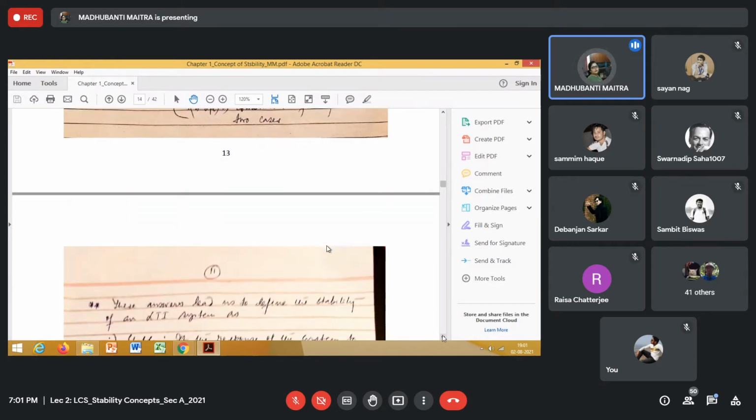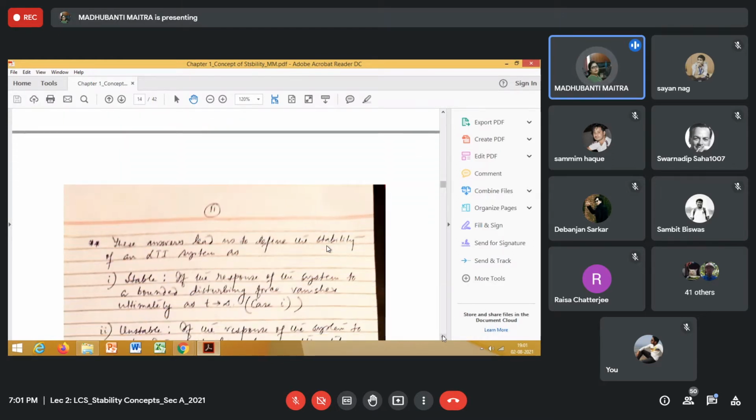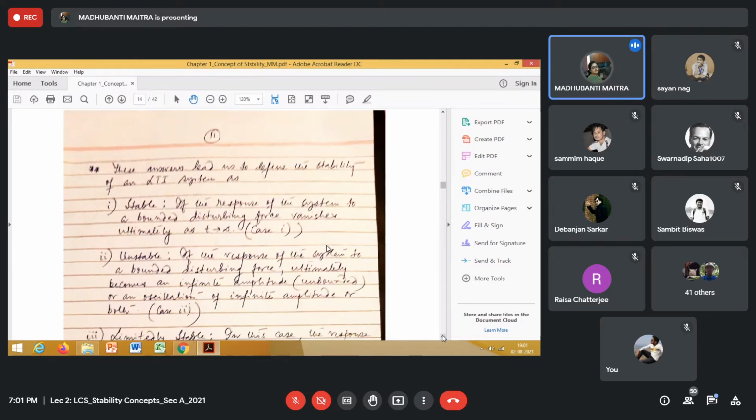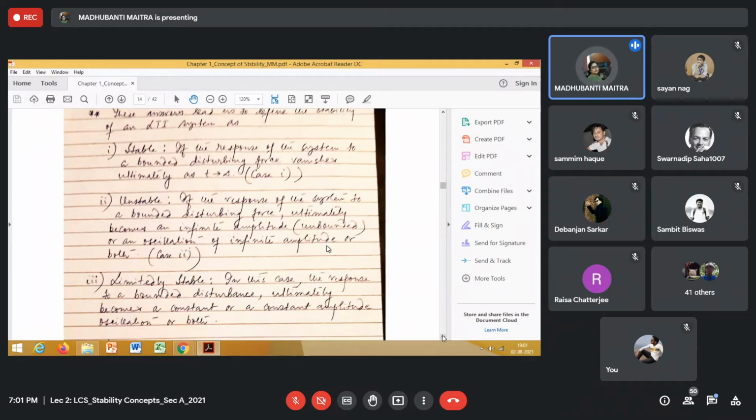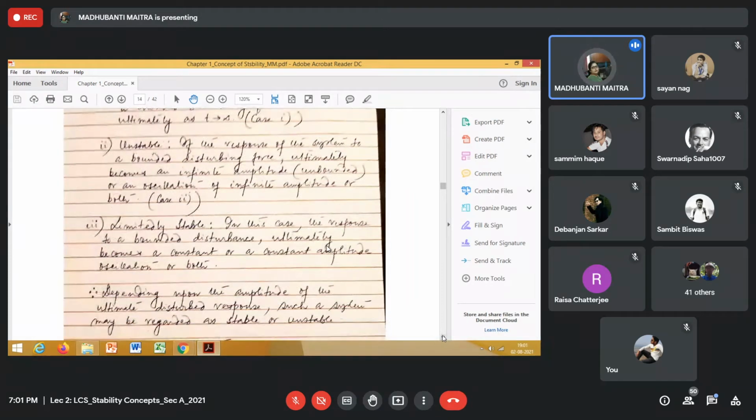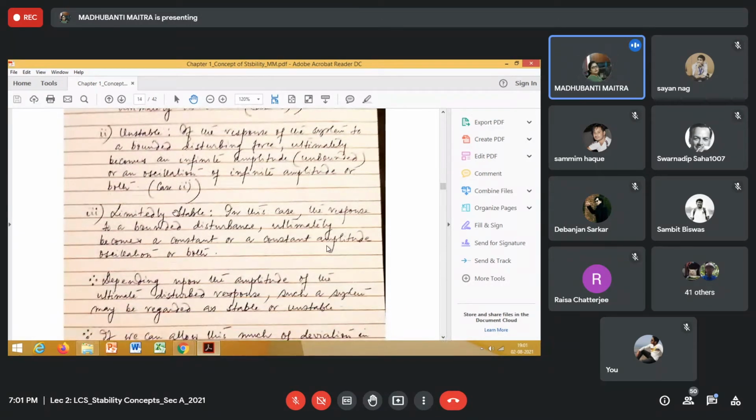So in general, a system exhibiting this kind of response is called a limitedly stable one. Have you understood?